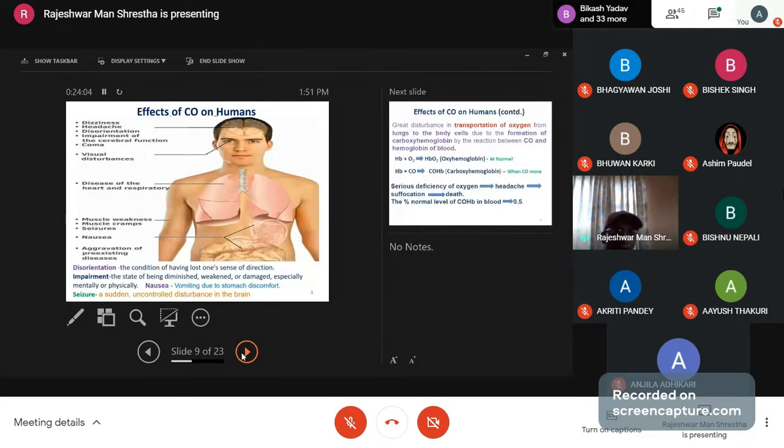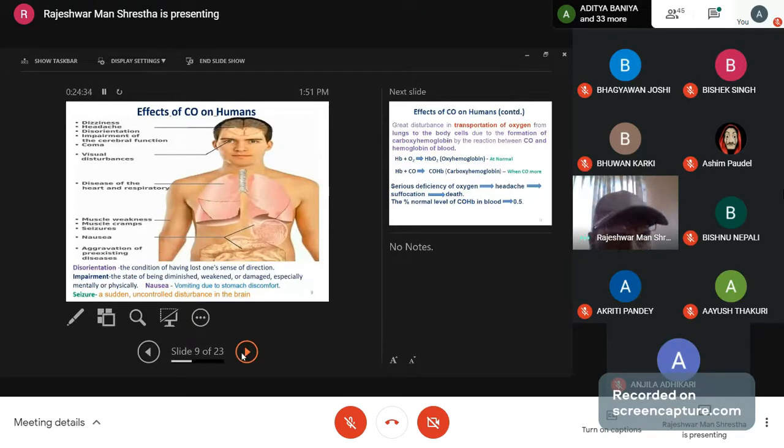Now, the effect of carbon monoxide on the human body: dizziness, weakness, death, headache, then disorientation, meaning a lost sense of direction, and impairment of cerebrum function, meaning brain function. Impairment means damage or decrease of the cerebral function.